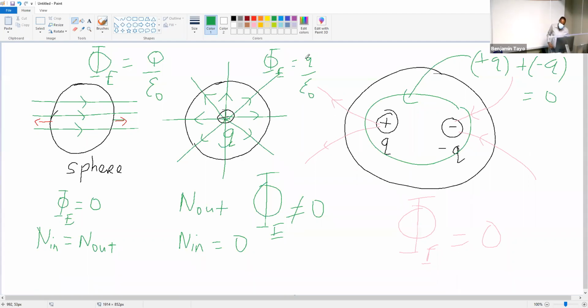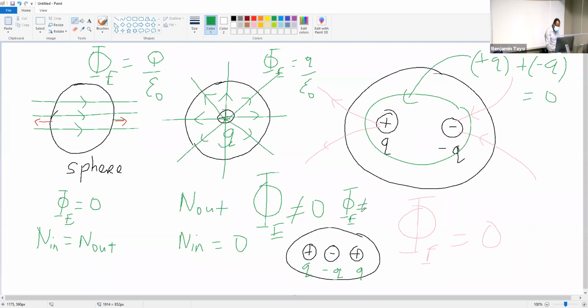Now, one final example here. What if we have a volume like this, and let's say we have a positive charge, a negative charge, and a positive charge. And let's say this is Q, this is negative Q, and this is Q. Now you can see that in this case also the total flux is not going to be equal to zero.